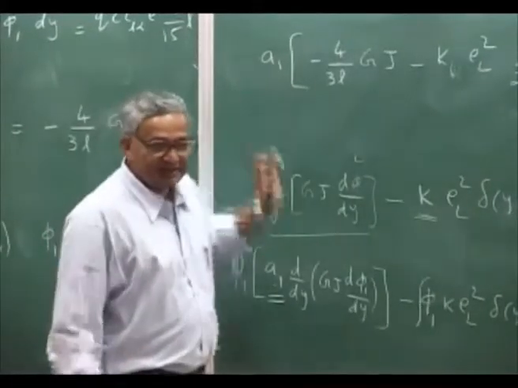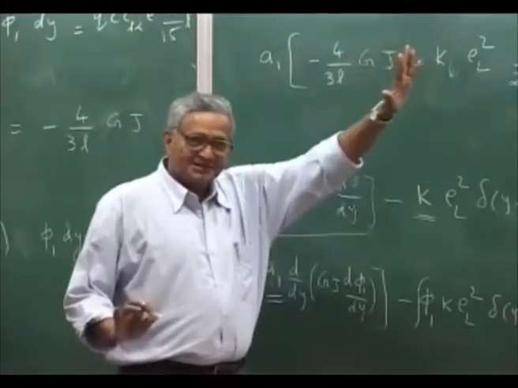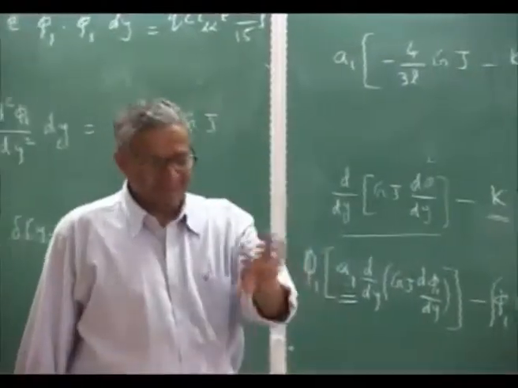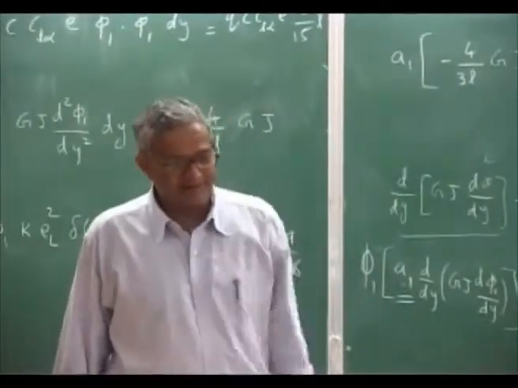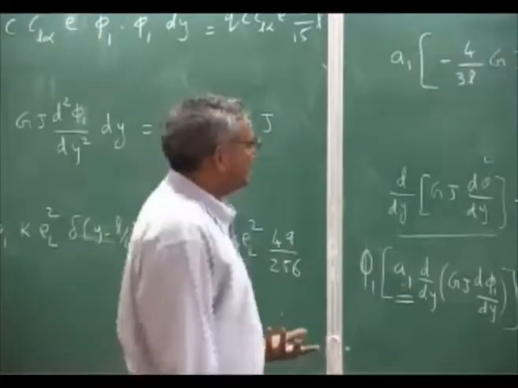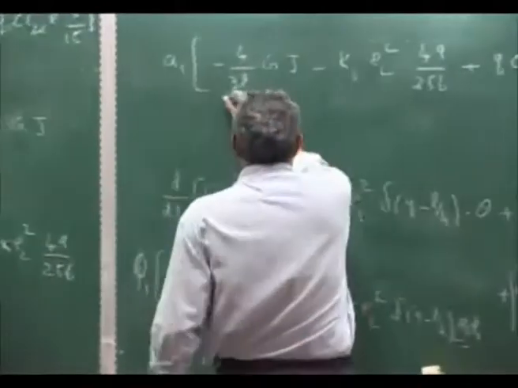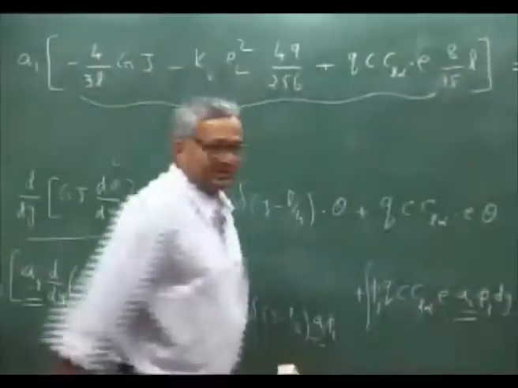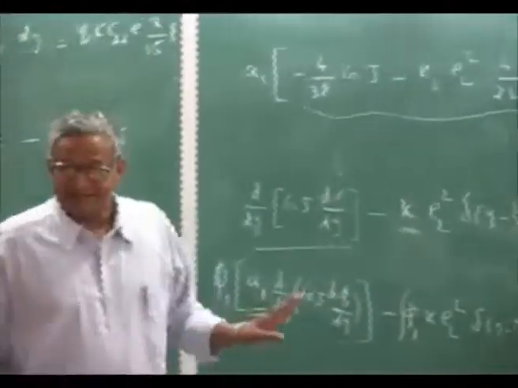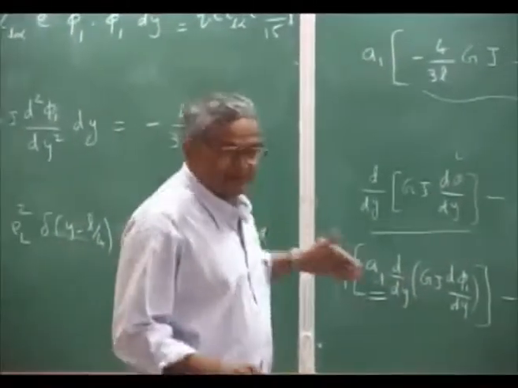That means 0 and infinity product is finite. But what is the finite value, you don't bother. Therefore, the condition of divergence is setting this term equal to 0. That is divergence. So now you know Galerkin method or Rayleigh-Ritz.